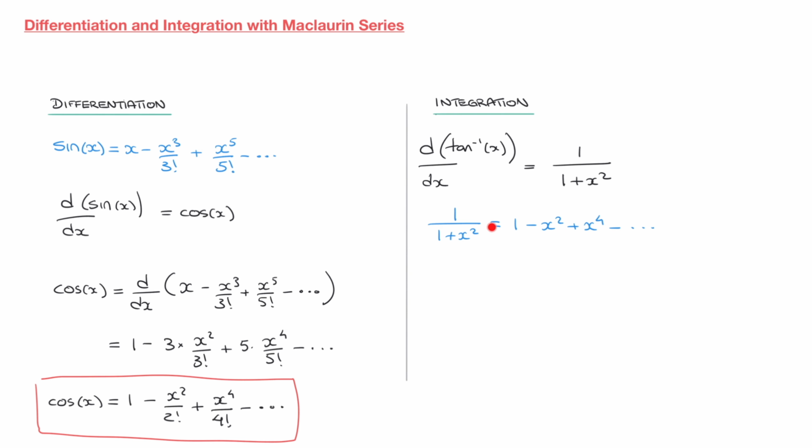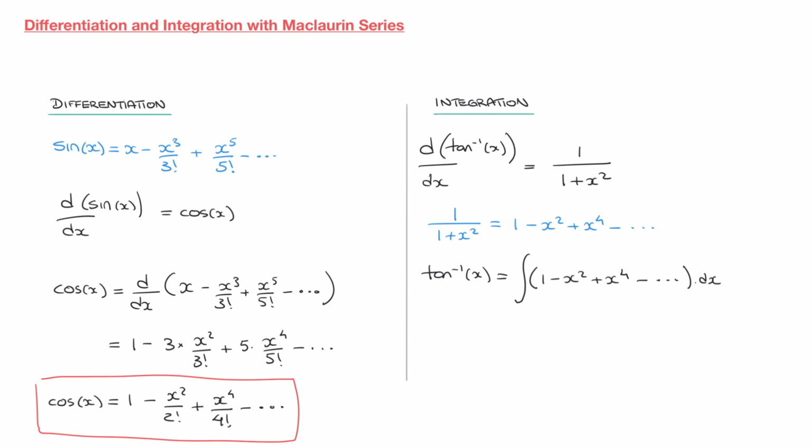And so since 1 over 1 plus x squared is the derivative of arctan of x, or inverse tan of x, we can find the Maclaurin series for inverse tan of x by integrating that Maclaurin series. So that would be the integral of 1 minus x squared plus x to the power of 4, and so on and so forth.